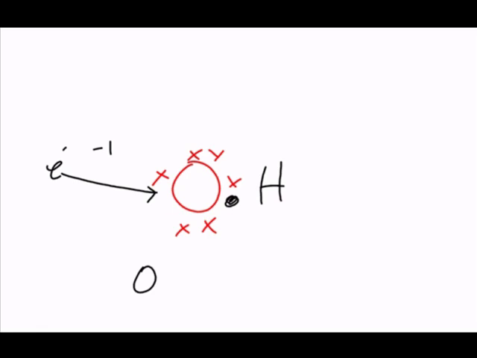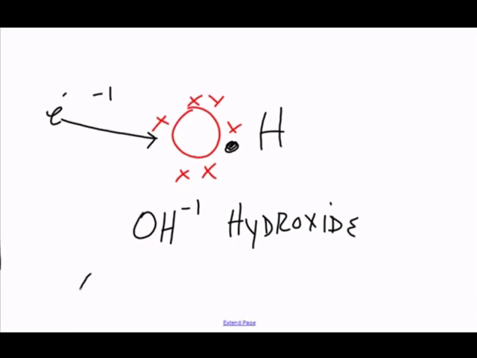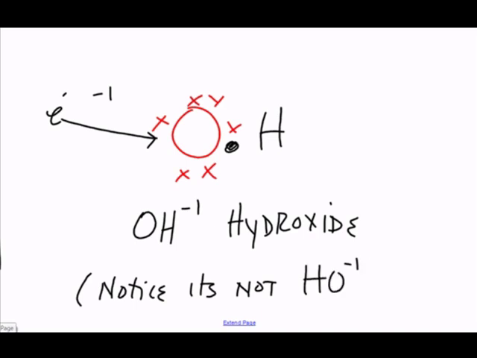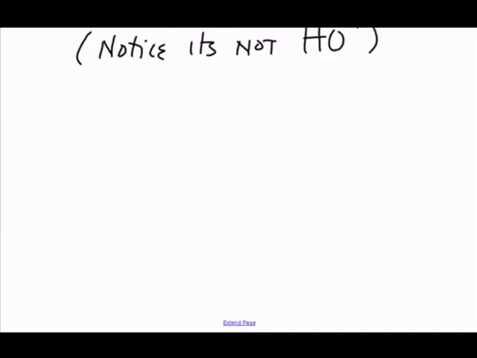That's always how we make a polyatomic ion. Oxygen shares with one side, steals with another. That makes hydroxide, OH minus 1. Notice I drew it OH, not HO. That, when written 3 times, would be a holiday idea, or if you drew it singly, I don't know, it's an occupation.